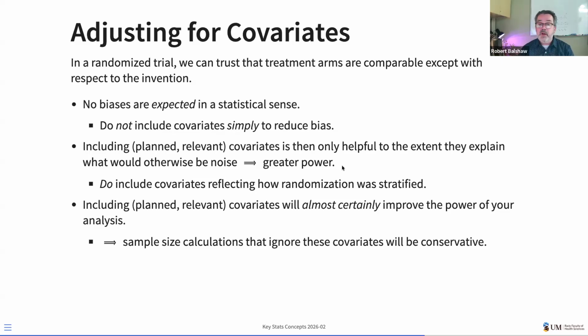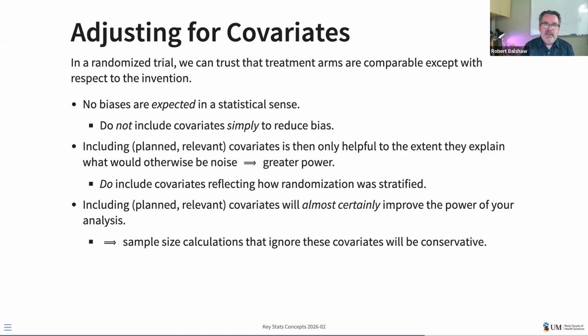Now, you can also include other covariates. Maybe they're covariates that you know will be linked strongly to the outcomes. They won't be linked strongly to the treatment that was assigned because we did randomization.